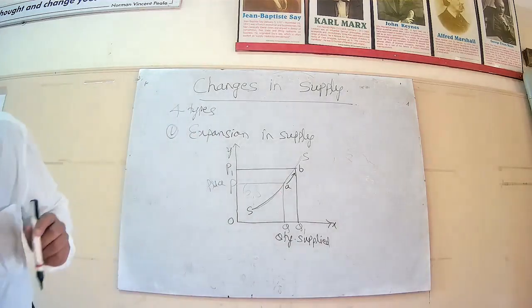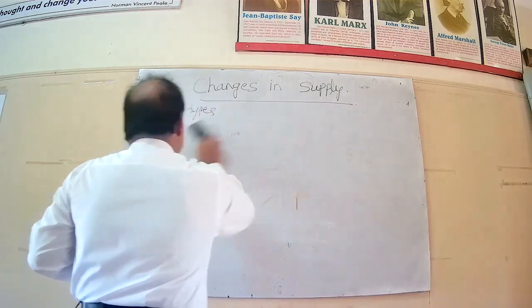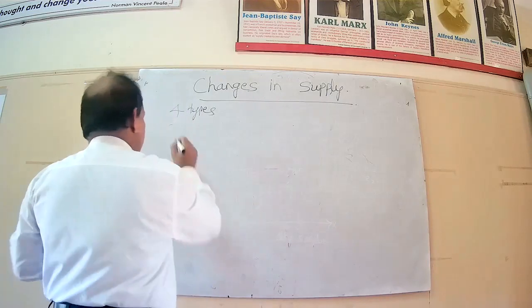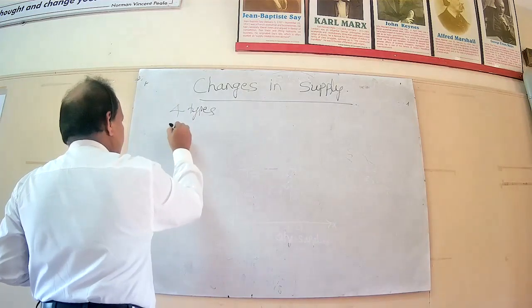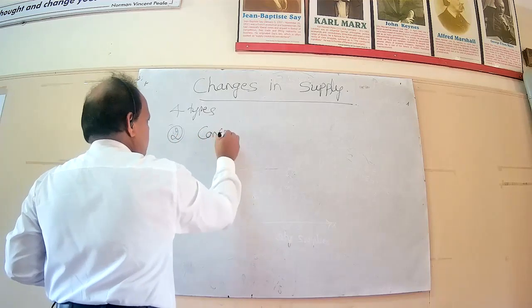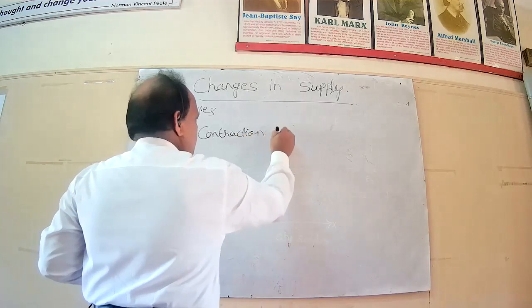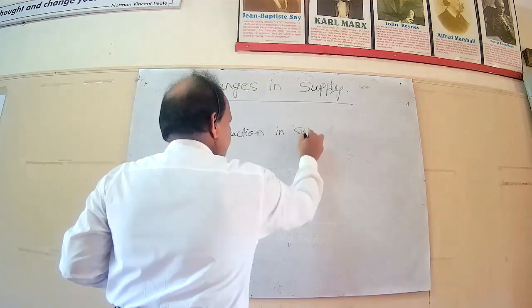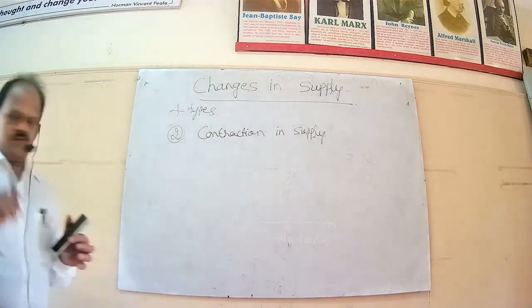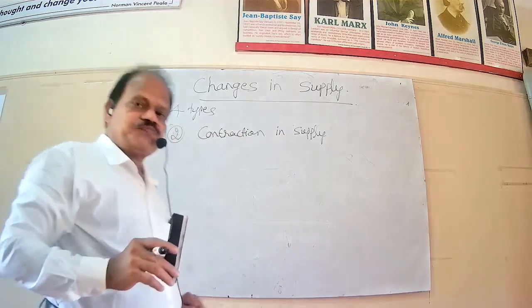The second type of change is contraction in supply. Number two, contraction in supply. What do you mean by contraction in supply?